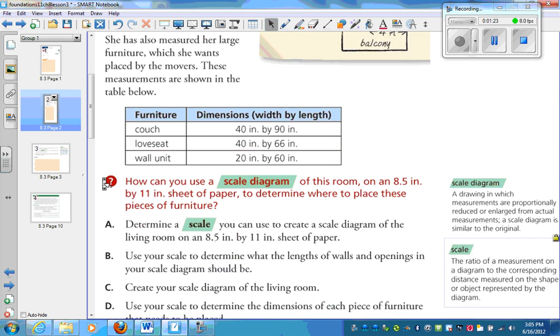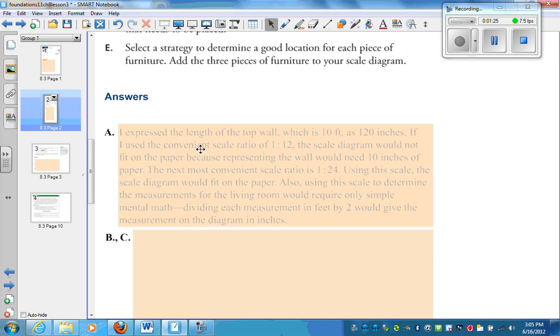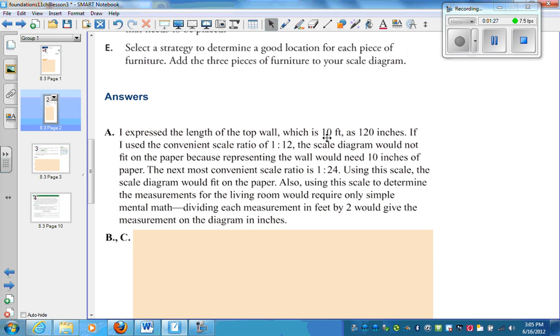Okay, and the process we're going to do that is we're going to say if we made 10 feet as 120 inches, so 12 times 10 is 120 inches. If I use the scale of 1 to 12, the scale diagram would not fit on the paper because then the wall would need to be 10 inches wide, and I only have an 8.5 by 11.